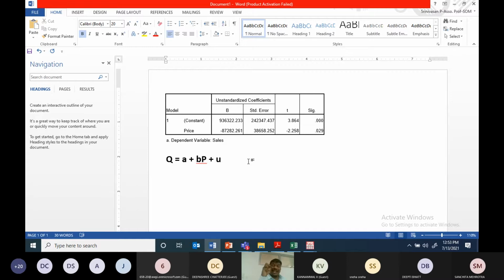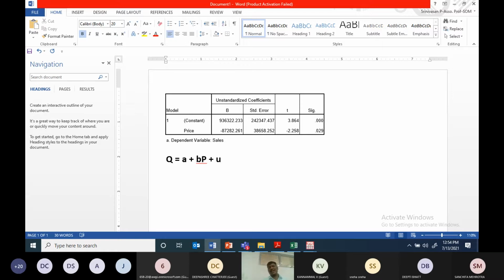So, keeping other factors the same, I want to find out the impact of price on quantity demanded. This is the basic simple linear regression model. You know what is Q, you know what is P. We got the result.